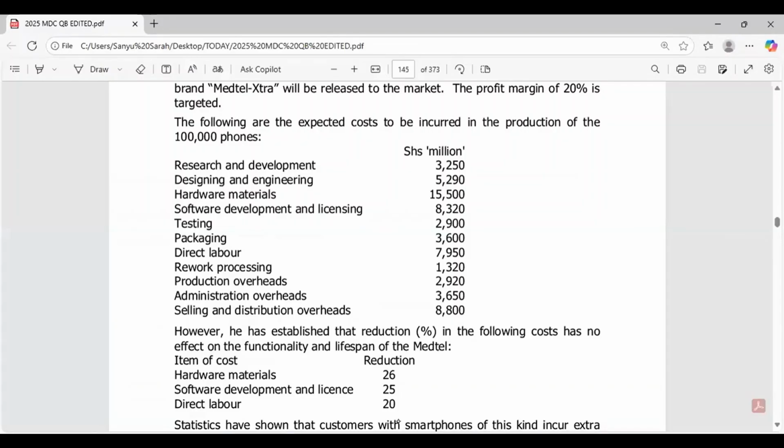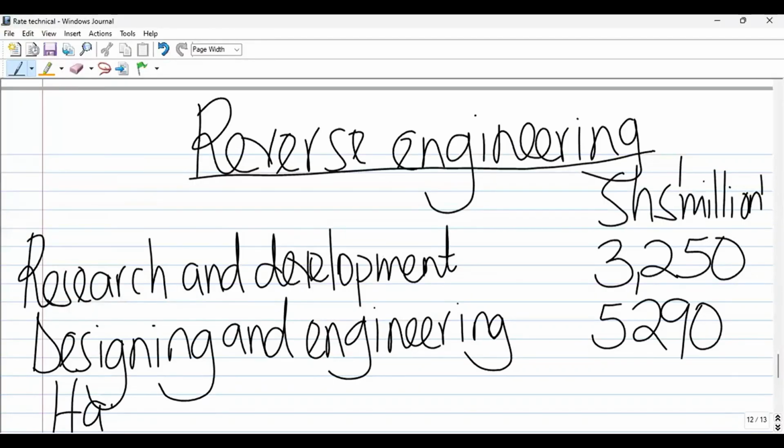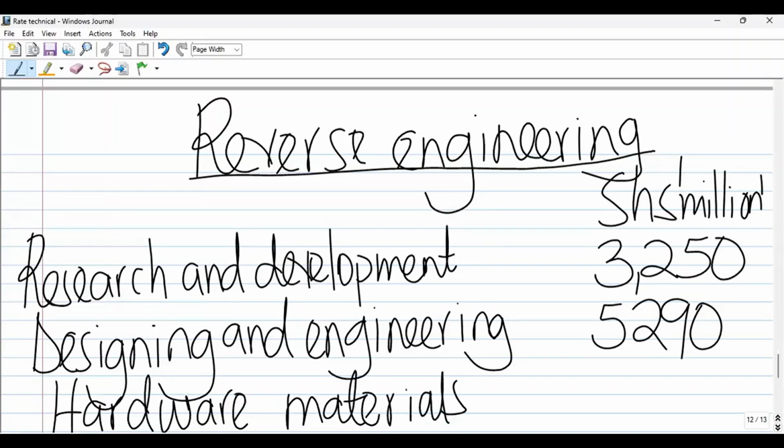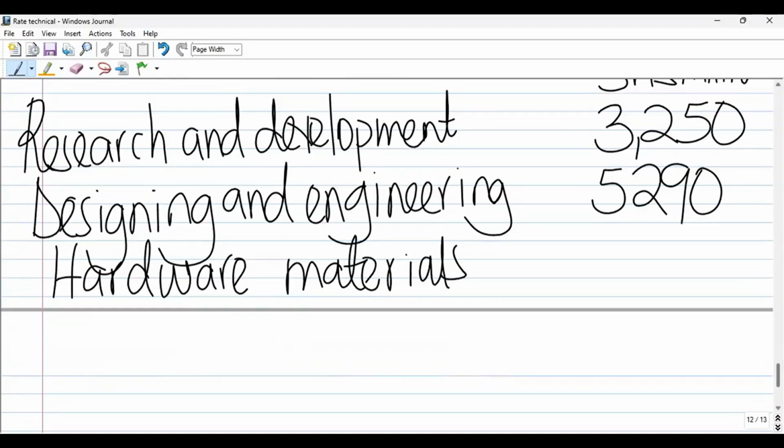Hardware materials, are they affected? They are. These ones are going to reduce by 26%. So how do we get the new hardware materials? 100 minus 26, which is 74.